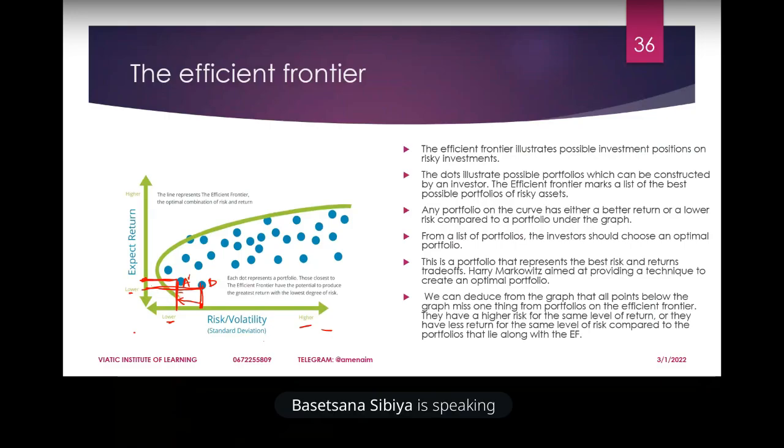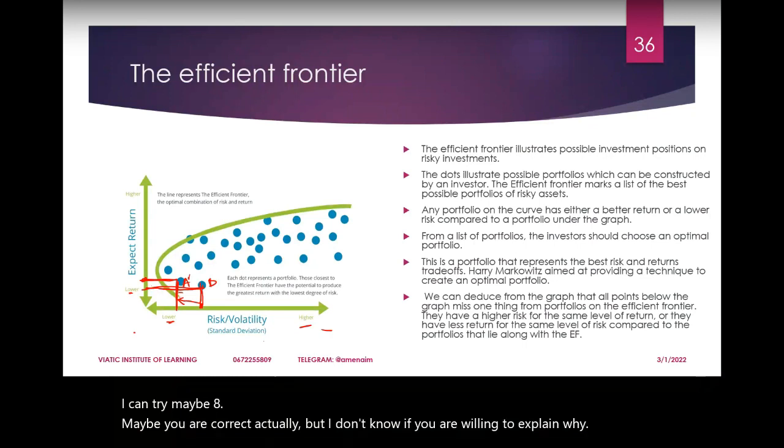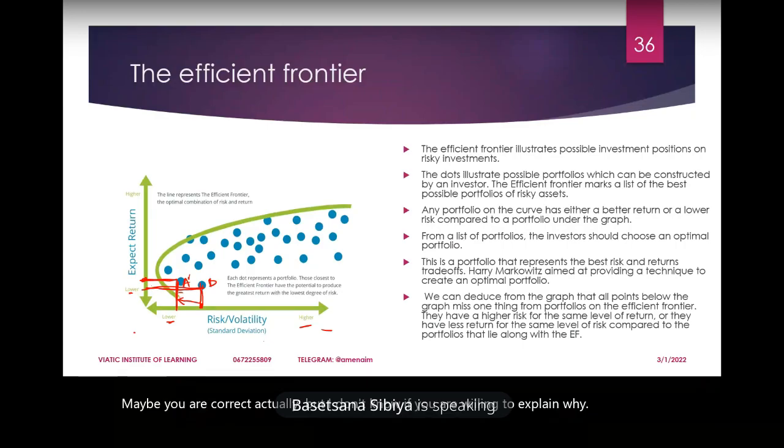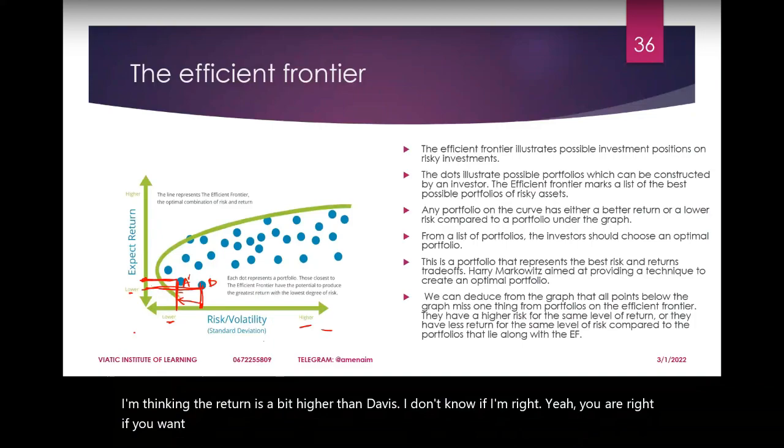I can try maybe A. Maybe A. You are correct, actually, but I don't know if you are willing to explain why. I'm thinking the return is a bit higher than the risk. I don't know if I'm right. Yeah, you are right. If you want to proceed, we explain more, but you are correct.